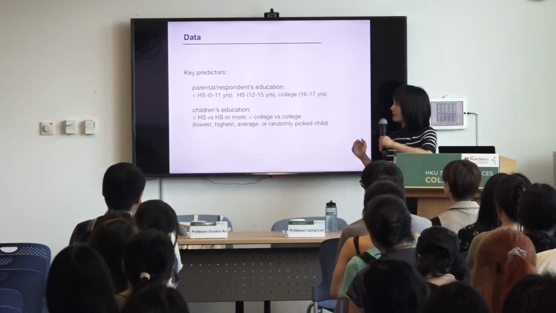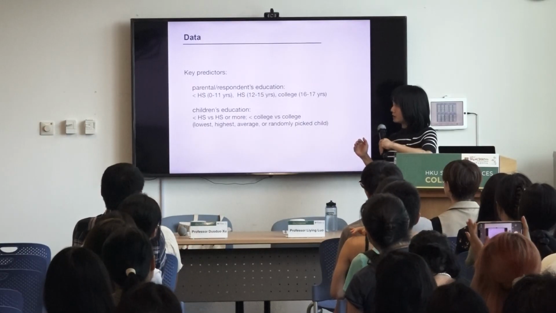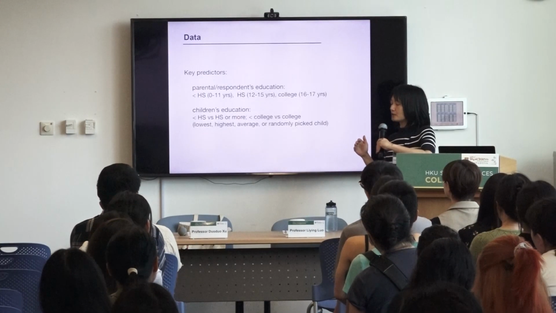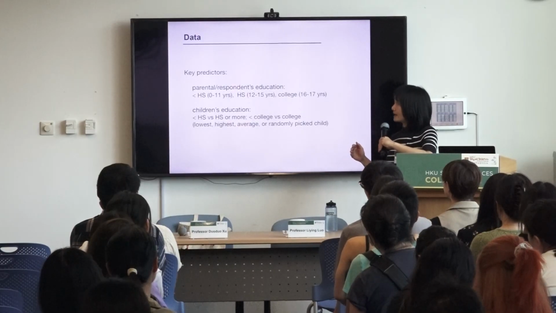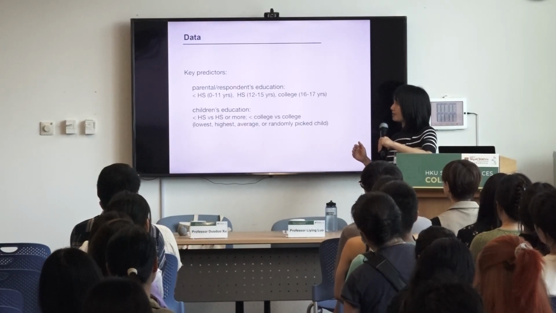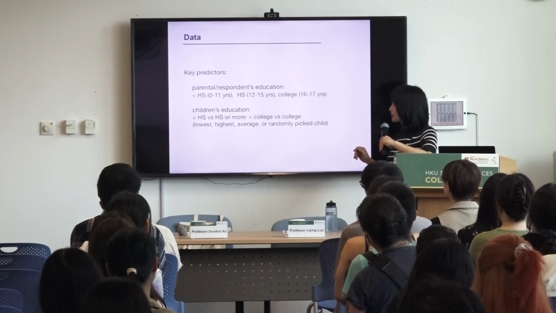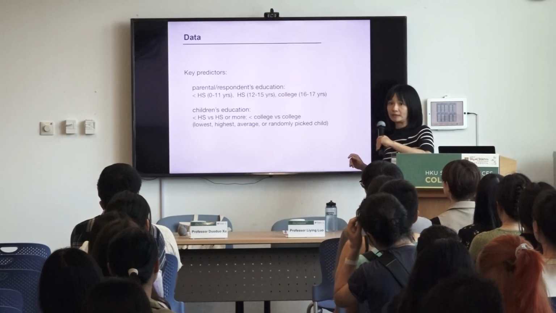Less than high school corresponds to 0 to 11 years of schooling, high school completion is approximately 12 to 15 years of schooling, and college corresponds to 16 to 17 years of schooling.